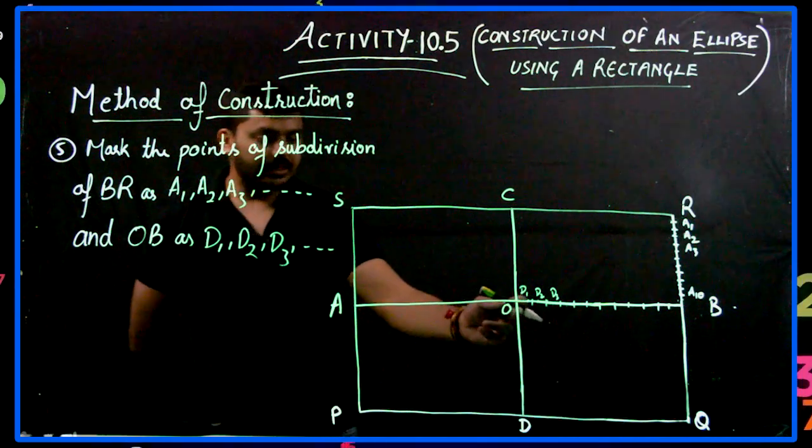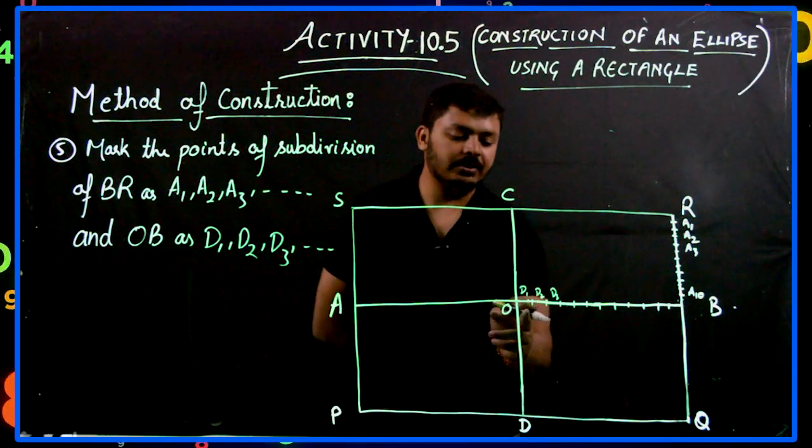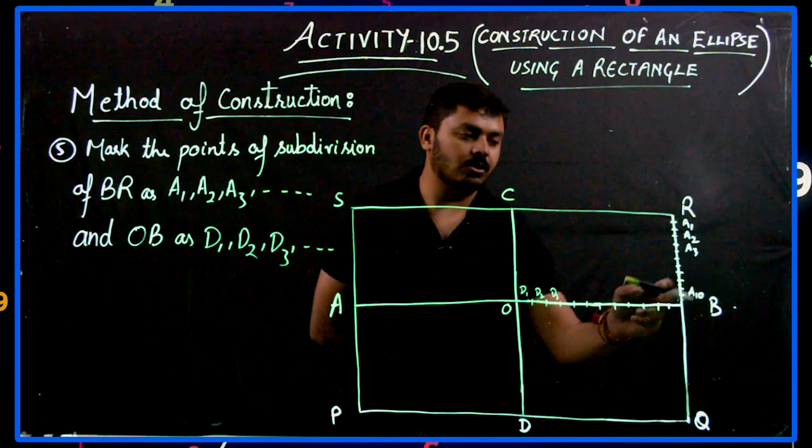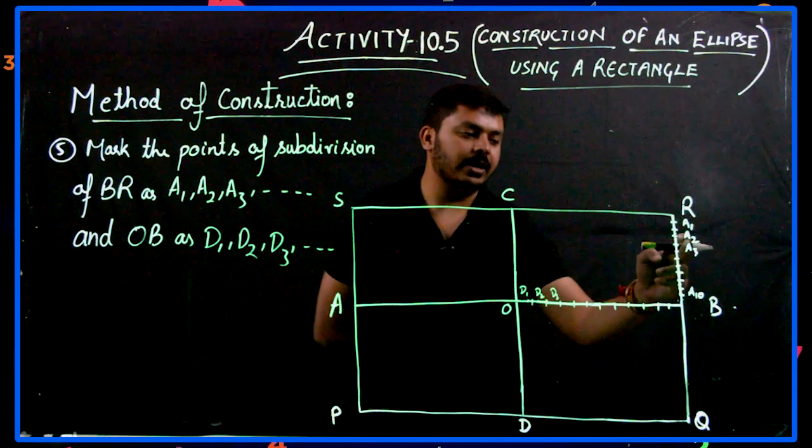As you can see here in the figure, I have marked the subdivisions of OB as D1, D2, D3 and so on, and of BR as A1, A2, A3.